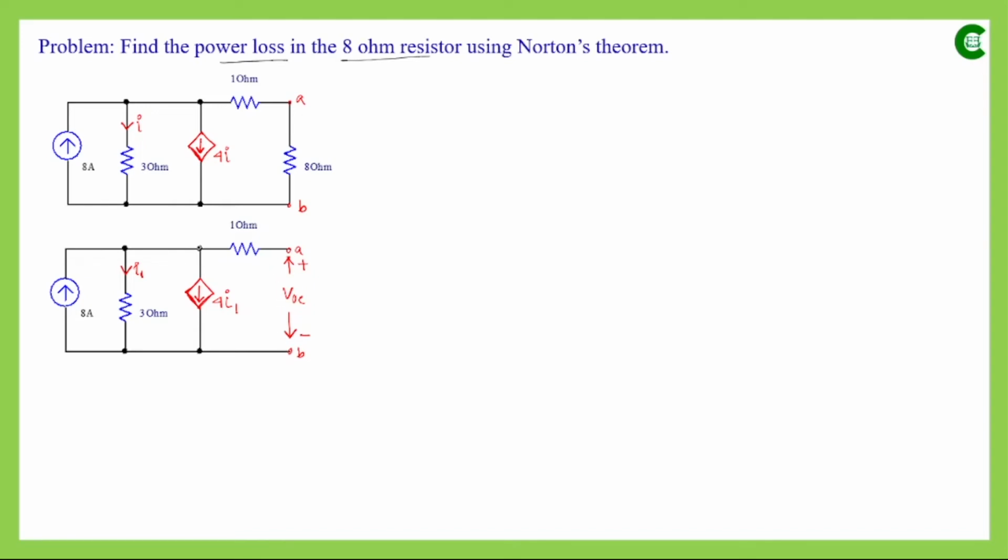That means the voltage dropped across this resistor will be the measurement of this VOC. Now to find the voltage drop across this resistor, we first have to obtain the value of I1, then we can multiply this 3 ohm resistor with that I1, and find the voltage drop between these two terminals.